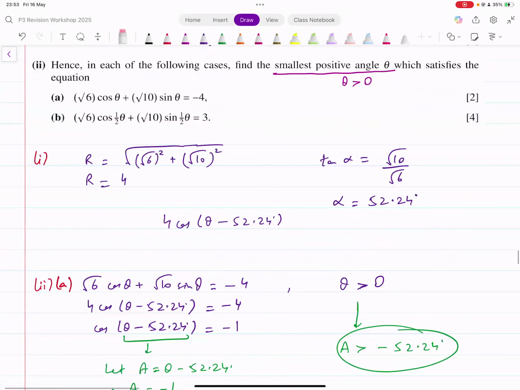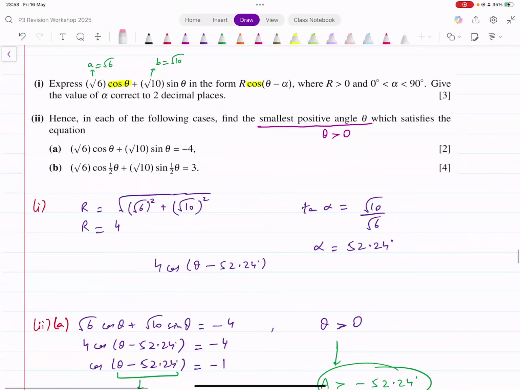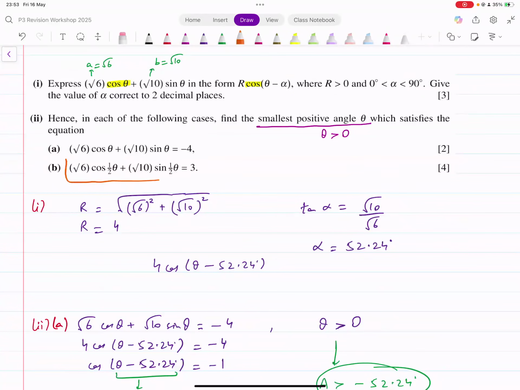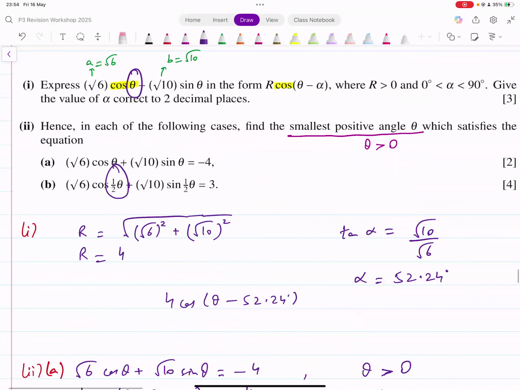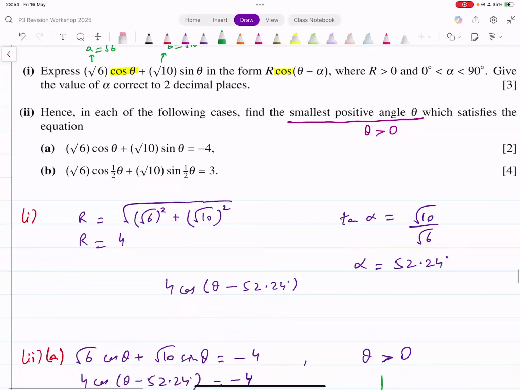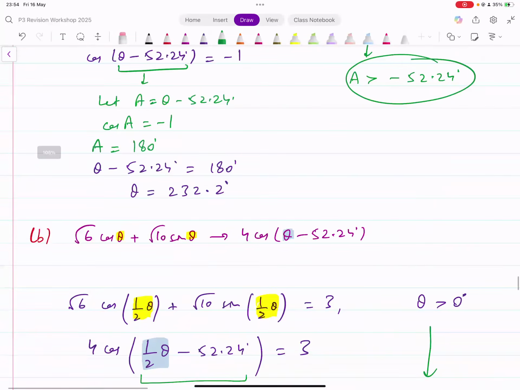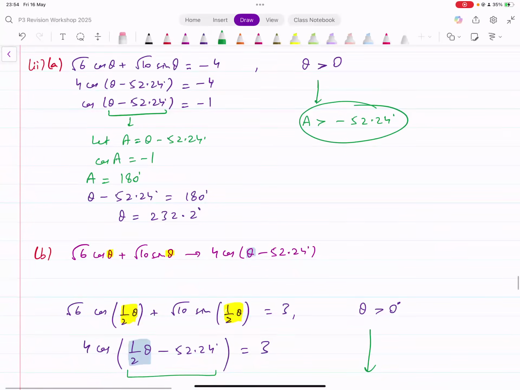But now if you look at the next part, they have changed it slightly. They have under root 6 cos of half theta plus under root 10 sine of half theta, that equals 3. Now, instead of theta here, they have half theta. So what happens in this case? In the first part, what we did was under root 6 cos theta plus under root 10 sine theta.